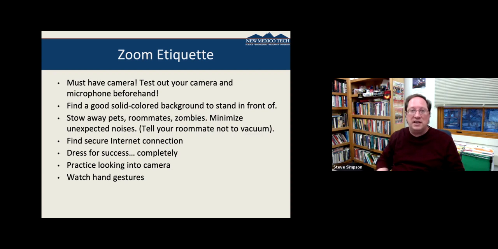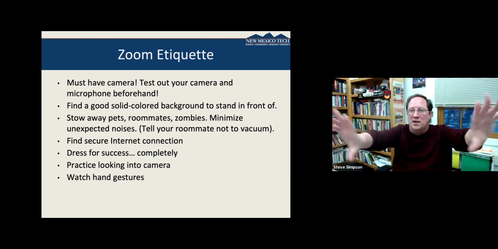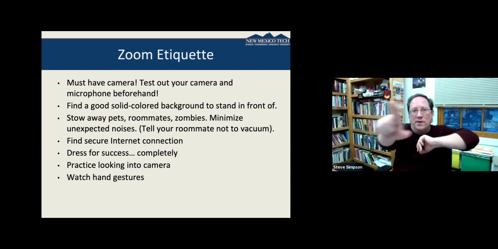Practice looking into the camera. It's more difficult on Zoom to make eye contact. I'm even doing it here because I have a very big monitor. On my monitor, all of you are over here, but the camera's over here.